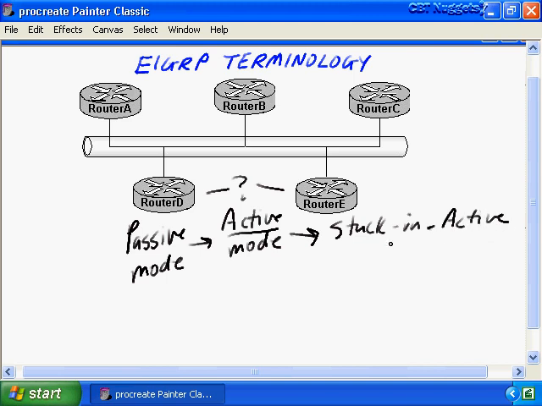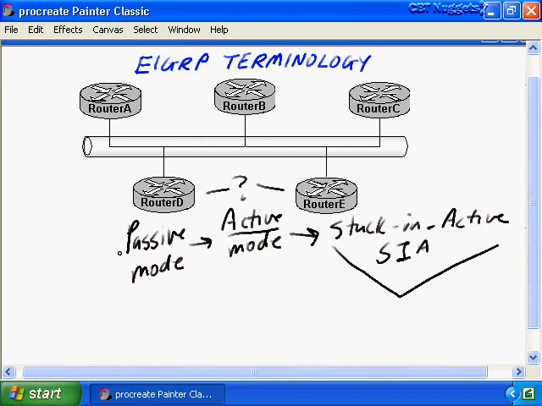But stuck in active, or SIA, means that a route that's been abandoned or cleared out is taking too long for the EIGRP query to be answered, so it's sitting there stuck in active mode waiting for an answer to its query. This is something we want to try to alleviate, and we'll look at this a little bit later on.